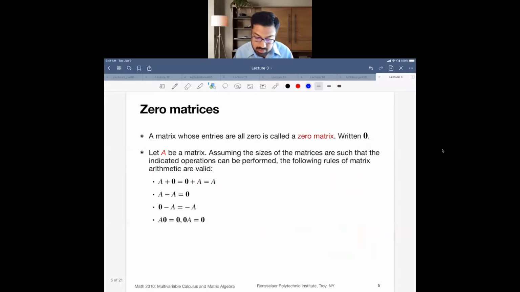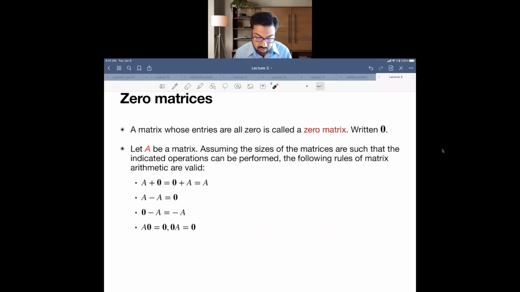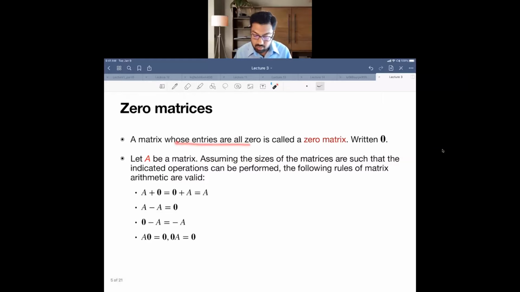All right, let's talk about some special matrices here. The first matrix we are going to look at is a zero matrix. A matrix whose entries are all 0 is called a zero matrix, and we write that as a bold 0, right? The bold indicates a vector or a matrix here. So if we have a 0, you can have that be 0, 0, 0, 0, 0, 0, or you can have that be 0, 0, 0.